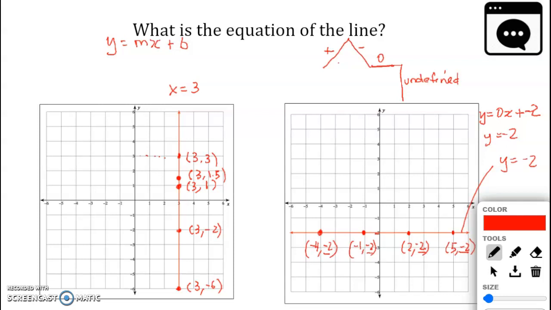This is a vertical line. This is undefined. Undefined means there is no slope. It's not a 0 slope. There is no slope. Okay, so we cannot write it like this. And so we just write x is equal to 3 because the y value really does not matter. x is always just going to be 3.